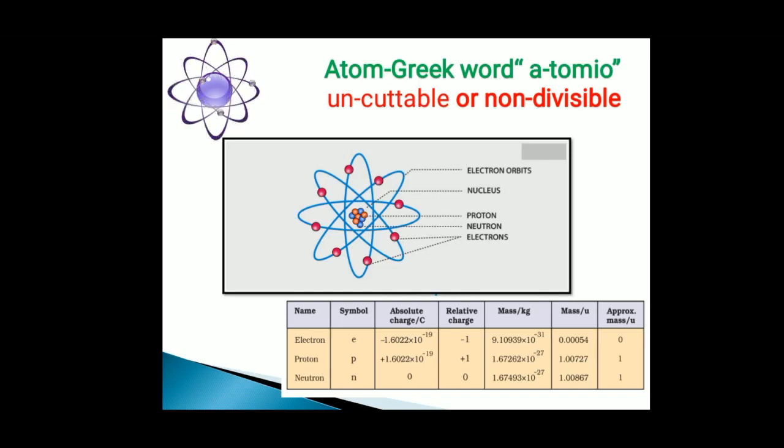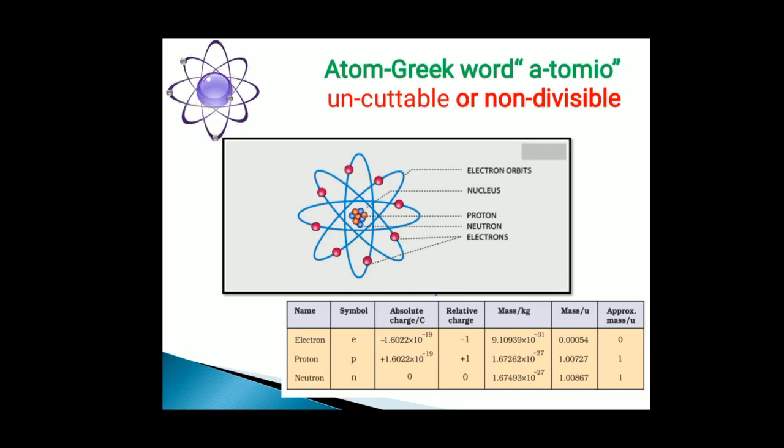What is the charge of an electron? The charge of an electron is negative, the charge of the proton is positive, and the neutron is electrically neutral, right? The magnitude of charge of the electron is 1.6 × 10^-19 coulomb, and it is negative. The charge of the proton is equal in magnitude to that of the electron, but it is positive.